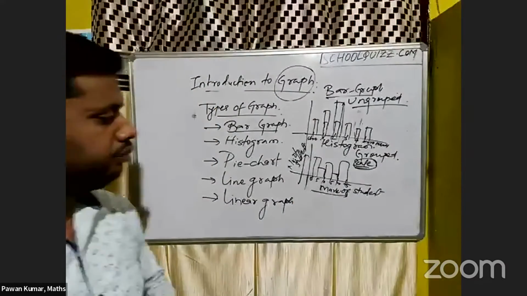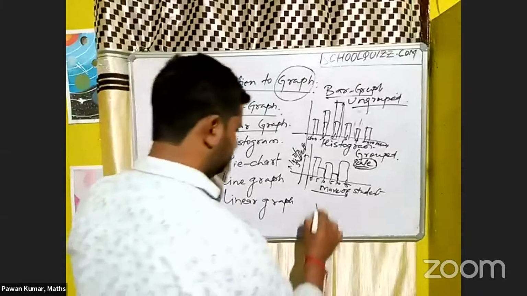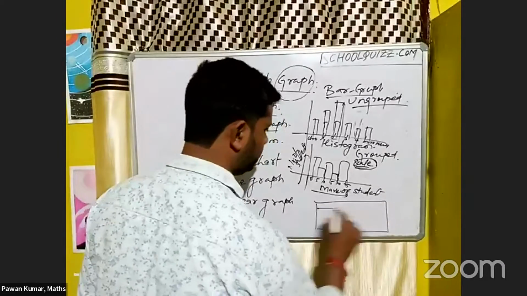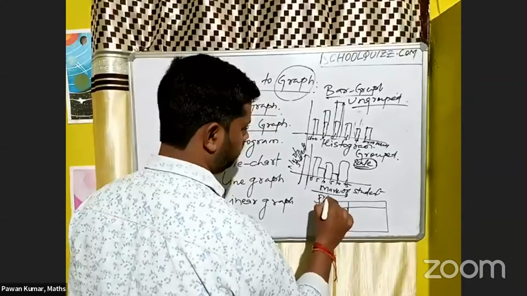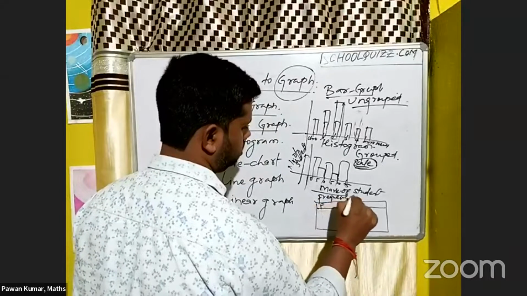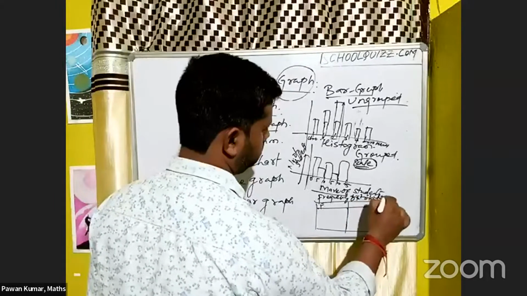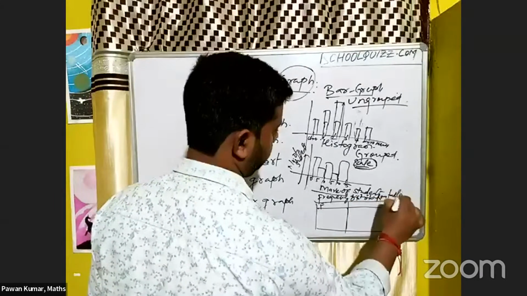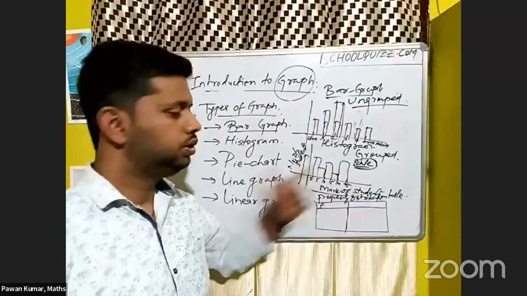Before drawing this graph, you need to make a frequency distribution table. By looking at this table only, you draw the graph.